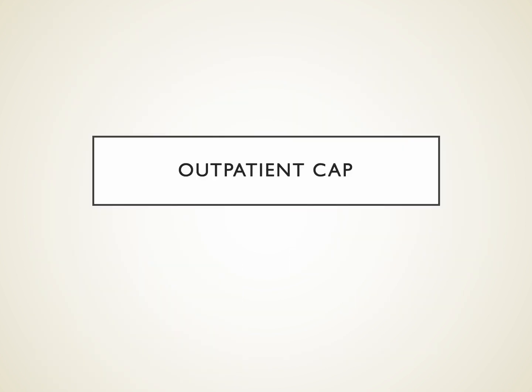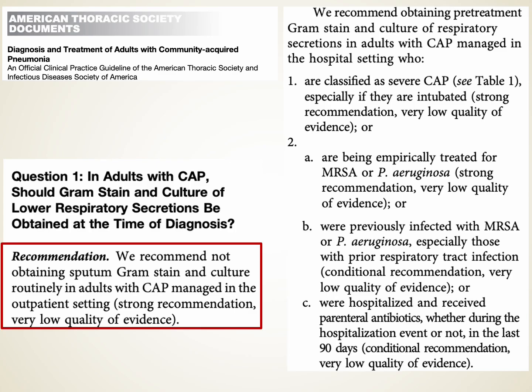So let's look at outpatient management of community-acquired pneumonia from the new guidelines. We're not going to hit everything in these new guidelines, but should we get cultures and gram stain? The recommendation from the new guidelines is that for likely outpatient management, based on a CURB score or other assessment of severity, it probably doesn't offer a lot of utility to get a sputum gram stain and sputum culture.